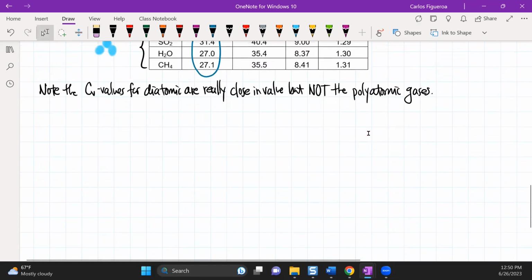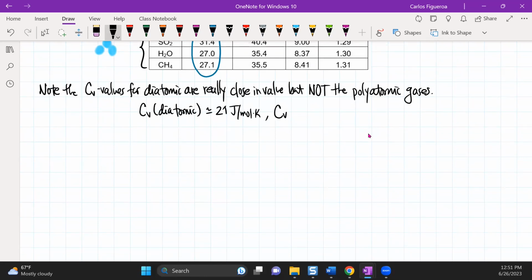So what we're really saying here is that roughly, I could say that the CV for diatomic is about 21 joules per mole Kelvin, and CV of polyatomic, which is a really rough value, I'm going to say is about 28 joules per mole Kelvin.